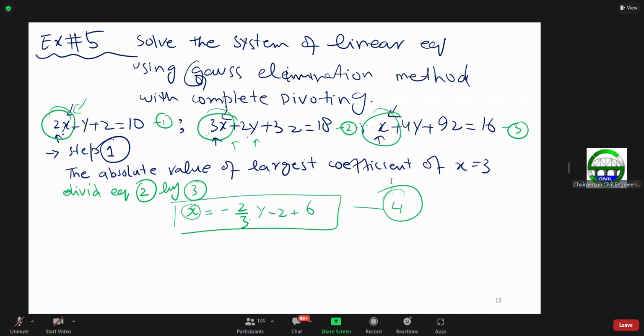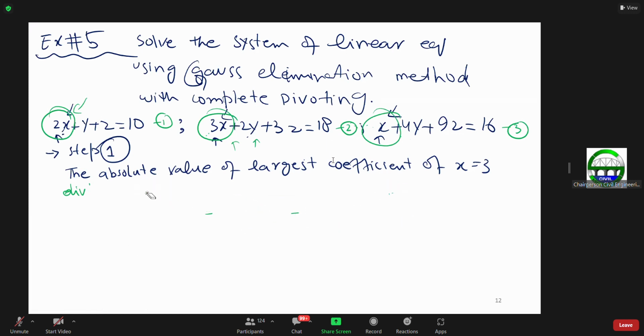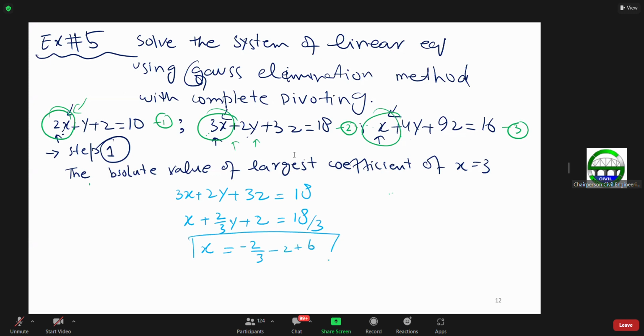Or there is another way: the largest value here, 3x plus 2y plus 3z is equal to 18, just divide it by 3, and then it will be x plus 2 by 3 y plus z is equal to 6, so x will be equal to minus 2 by 3 y minus z plus 6, right? Now you have the value of x.